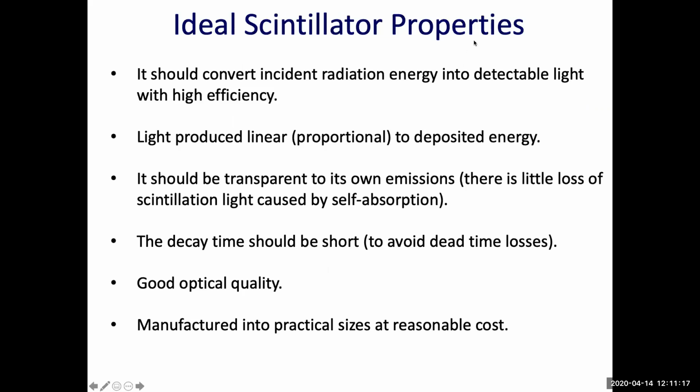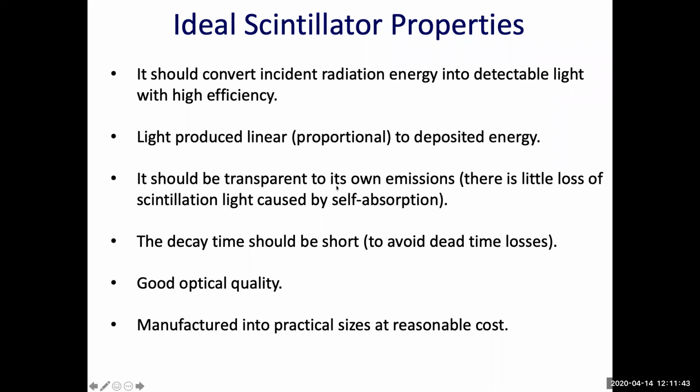Ideal scintillator properties. It should convert incident radiation energy into detectable light with high efficiency. This is the function of a scintillator in general. Light produced is linearly proportional to deposited energy: increasing the energy of the incident radiation should increase the number of light photons produced in the crystal.